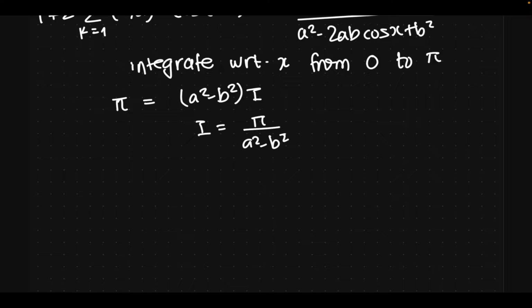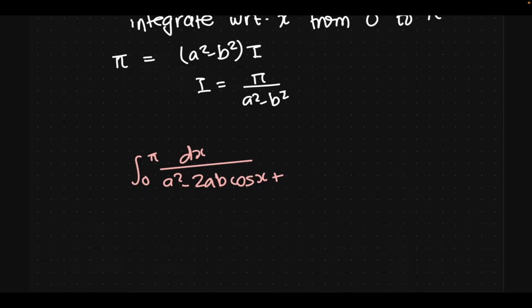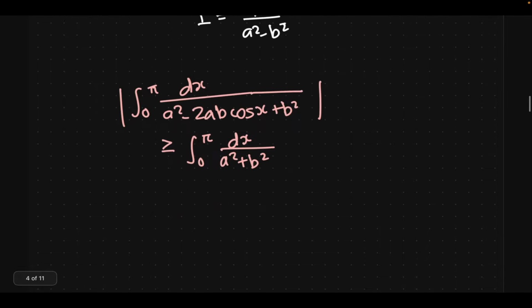One way of doing it, and this is just a digression, a tangent, is if you have the integral, take the absolute value. We know that's greater than or equal to this, just the integrand with the cosine removed. The cosine's bounded.